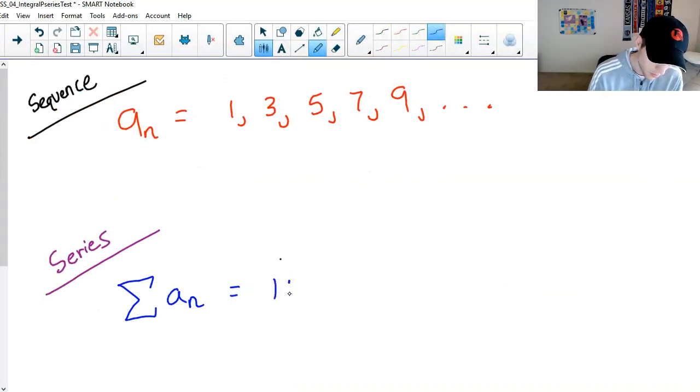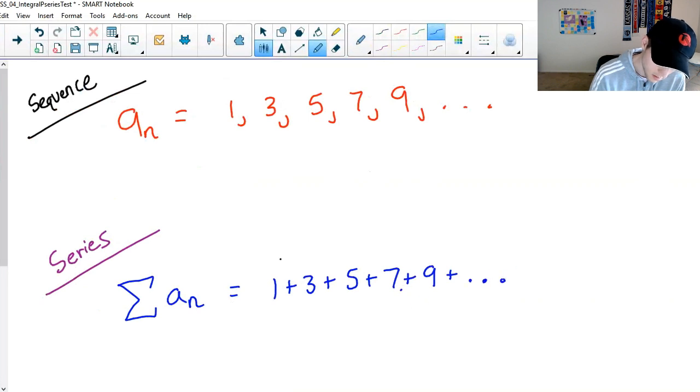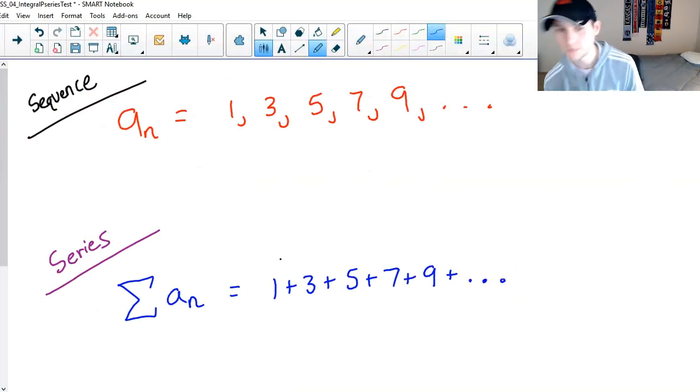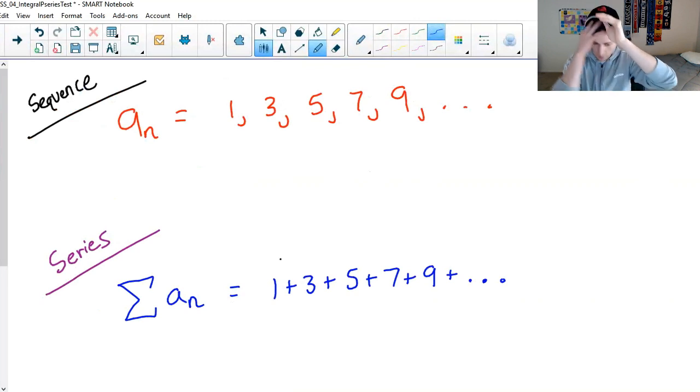So 1 plus 3 plus 5 plus 7, etc. So sequences and series are very closely related. The sequence is just what are the numbers.